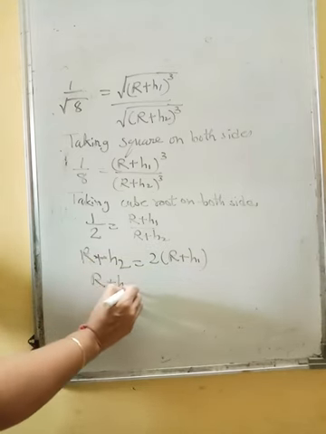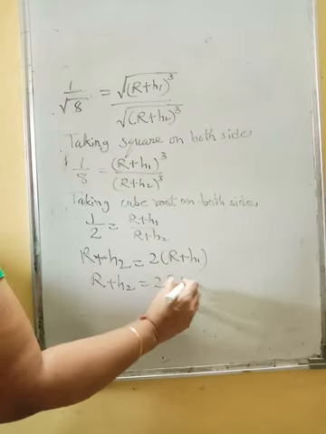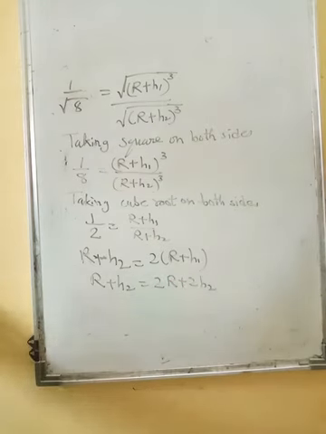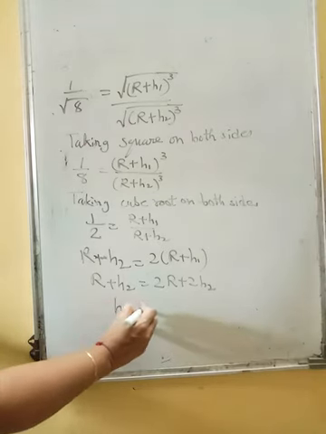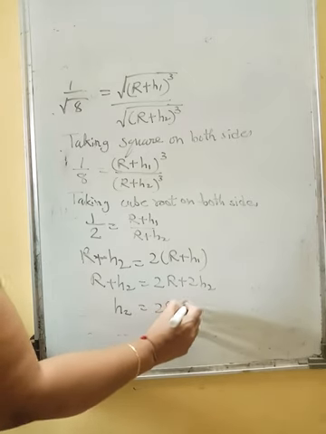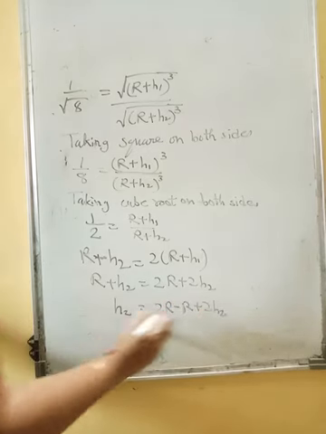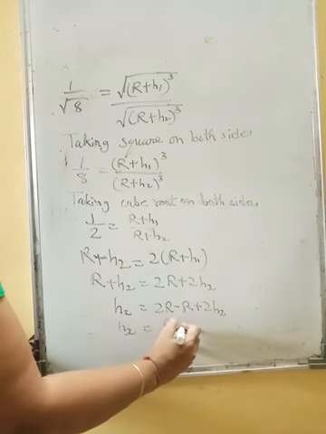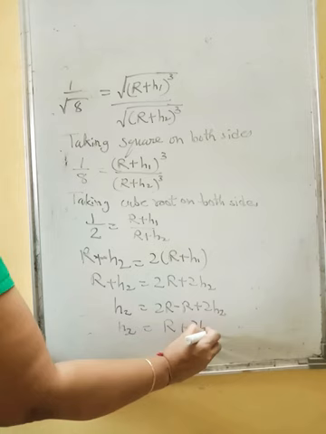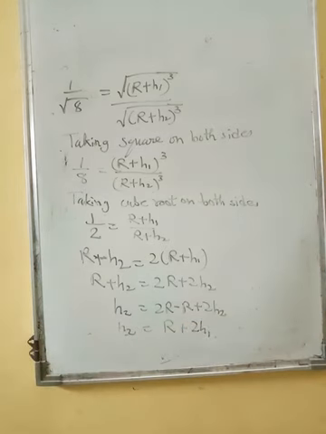R plus h2 is equal to 2r plus 2h1. Right? So what will be your h2? Your h2 will be 2r minus r plus 2h1. So h2 is equal to r plus 2 times h1. So that is what your answer is. R plus 2h1.